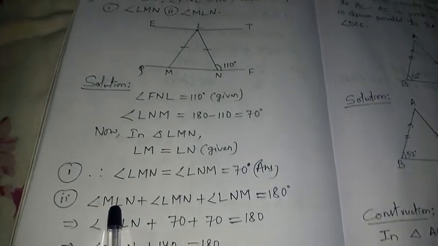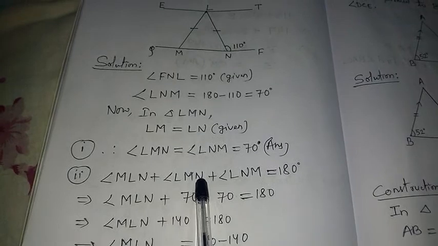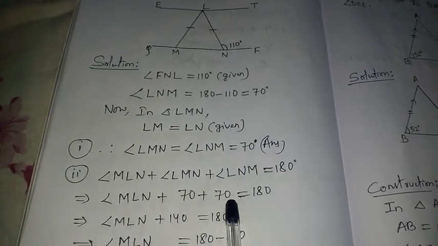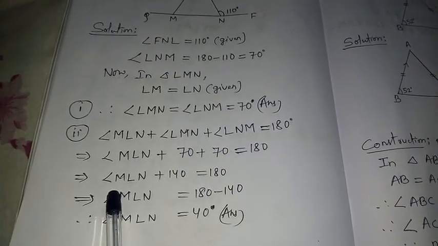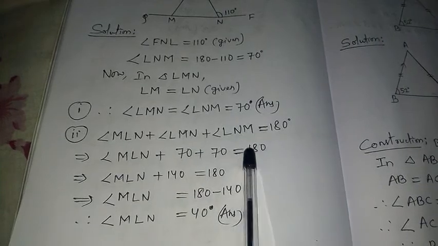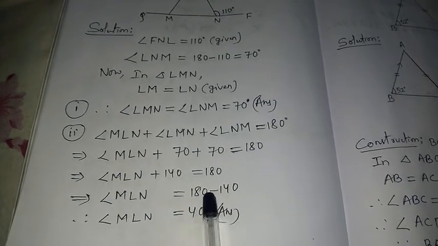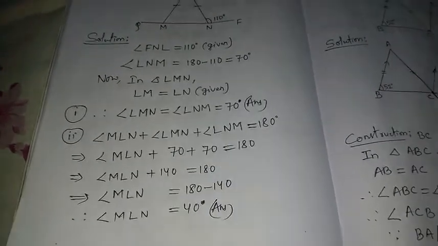Now this angle MLN is our question. Both these angles are 70 degrees. 70 plus 70 is 140. Therefore angle MLN equals 180 minus 140, which is 40 degrees. So both the answers have come.